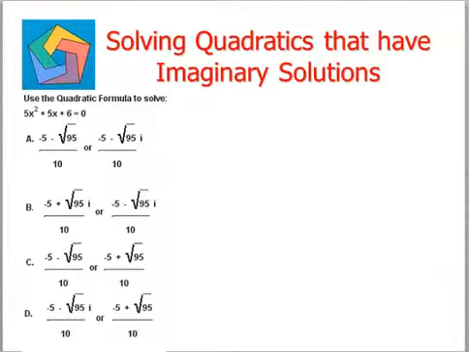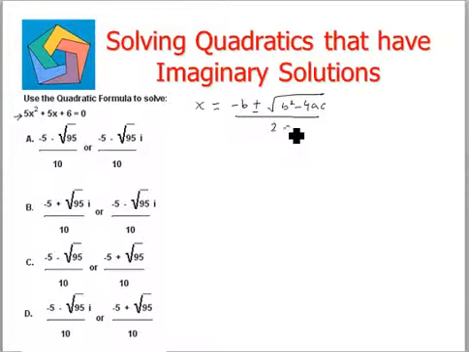Use the quadratic formula to solve 5x squared plus 5x plus 6 equals 0. We write our quadratic formula: negative b plus or minus the square root of b squared minus 4ac, divided by 2a. Here a equals 5, b is also 5, while c is 6.